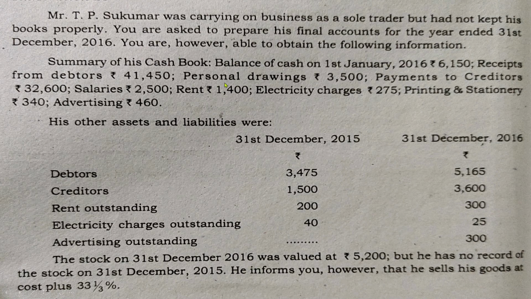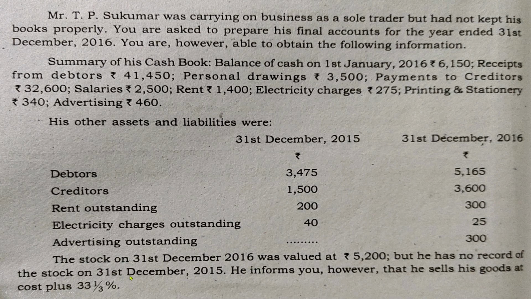Received from debtors, personal drawings, payment to creditors, salaries, rent, electricity charges, printing stationery, advertising, etc. His other assets and liabilities are also given. See, there are some items: rent outstanding, electricity charges outstanding, advertisements outstanding. I hope you know how to deal with the opening and closing balances of various outstanding expenses.